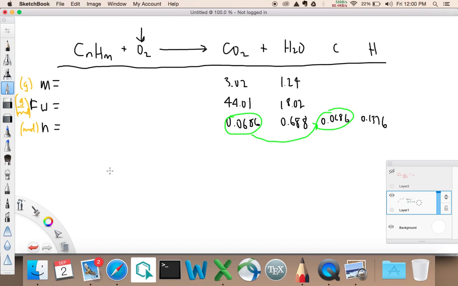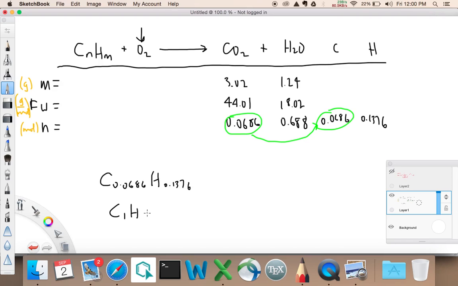Now, so our formula, we basically are done with our formula now, right? It's going to be 0.0686 carbon and 0.1376 hydrogen, but we can't leave those as decimals, right? So let's divide both of them by the smallest number. This is going to go to 1.